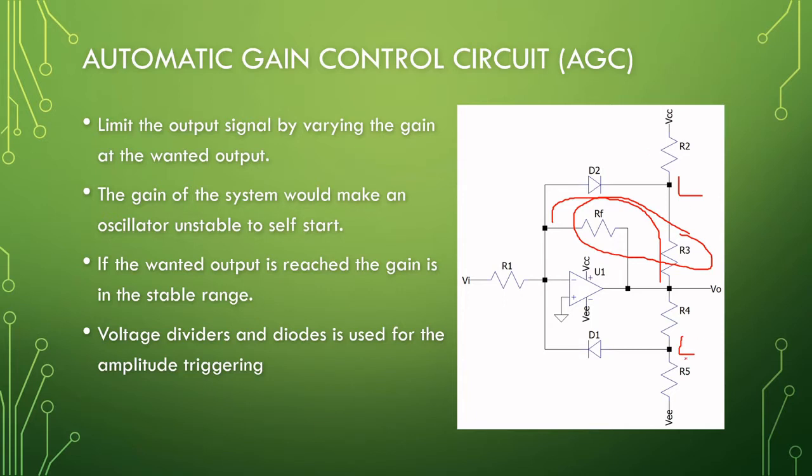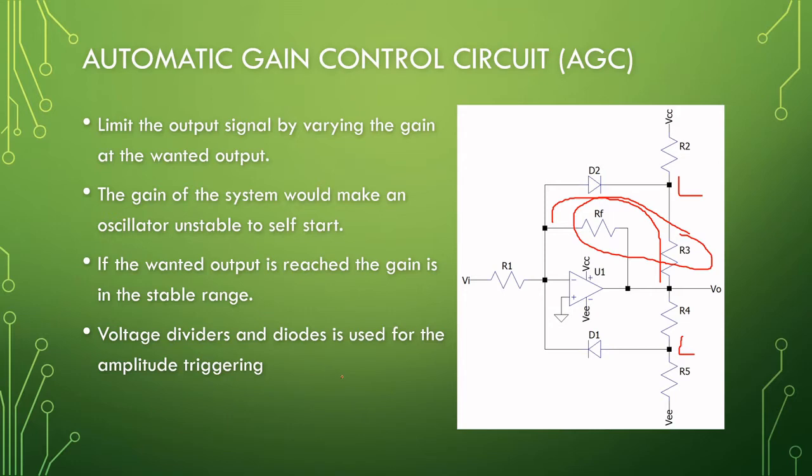And these just set the voltage. We use these to limit the oscillator's output to a certain voltage, and we control the gain, pushing it from being an unstable system to a stable system.